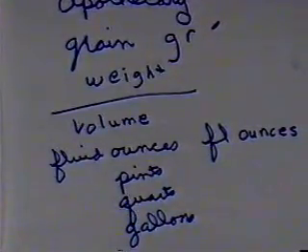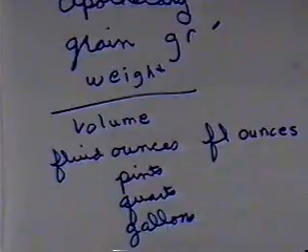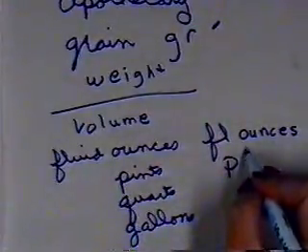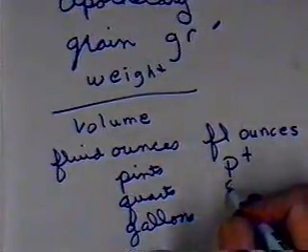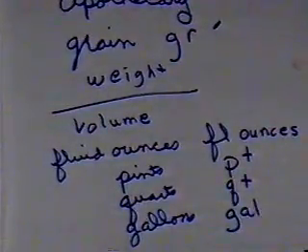If you know that some other places use OZ, we're not supposed to use that in nursing anymore. They passed out just recently a whole list of abbreviations that are not allowed. And OZ, we just have to write out ounces. Pint can be abbreviated PT, quart QT, and gallon GAL.